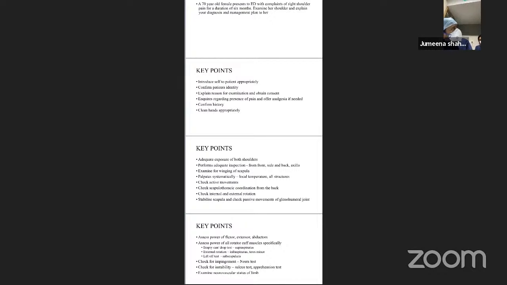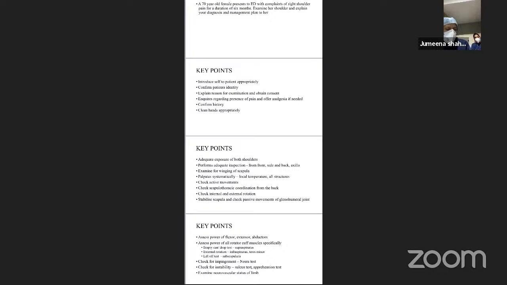Examine for winging of scapula. That was not done. Palpate systematically local temperature and also all structures, including the clavicular, sternoclavicular joint, the entire clavicle, acromion, coracoid, humeral head, biceps tendon, scapula, spine of scapula.